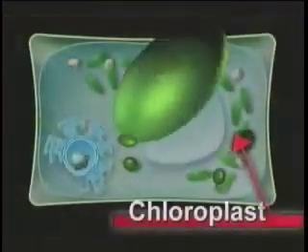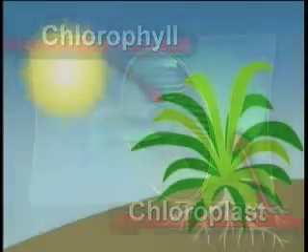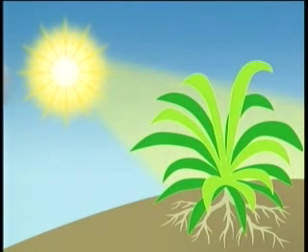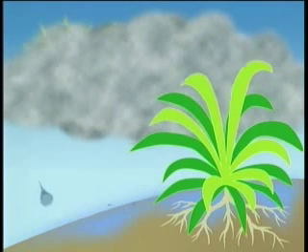But one of the most important differences distinguishing plants from animals can be found inside the cell. Plant cells have chloroplasts, organelles that contain a green pigment called chlorophyll, which traps light energy from the sun and combined with water and CO2 makes food for the plant through a process called photosynthesis.